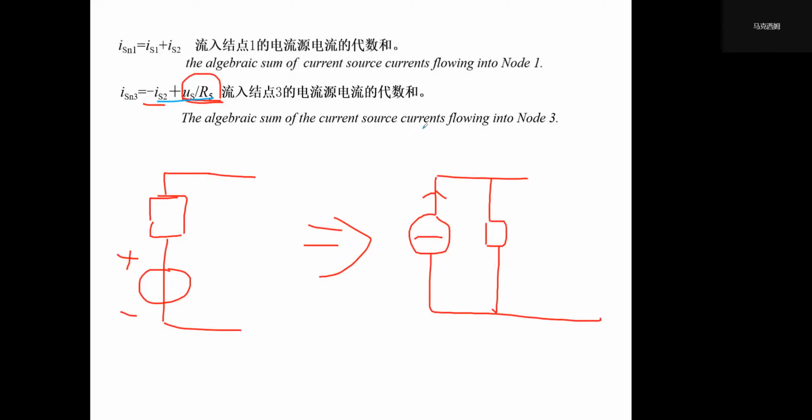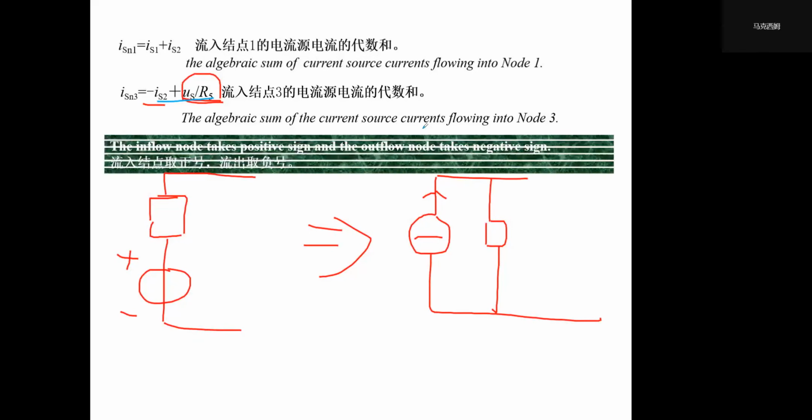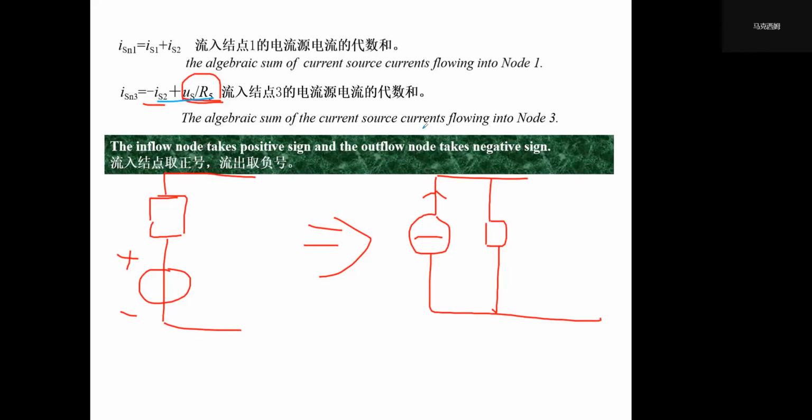Flowing in also means flowing out, so we replace the current flowing out of the node with a negative sign. So the inflow takes a positive sign, and the outflow takes a negative sign. This is the definition.